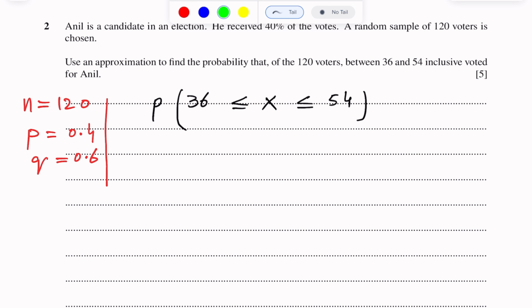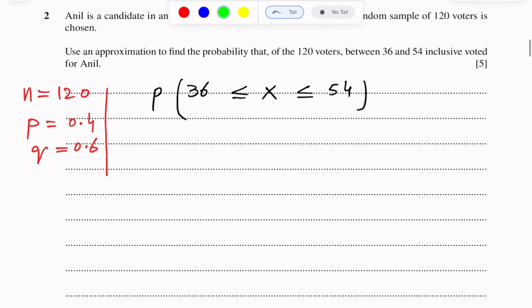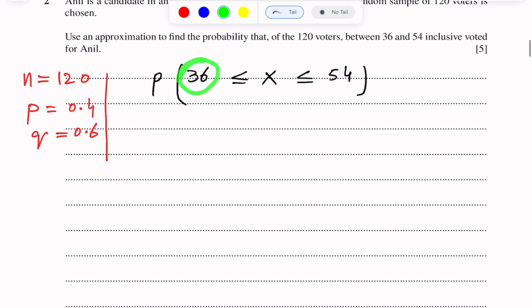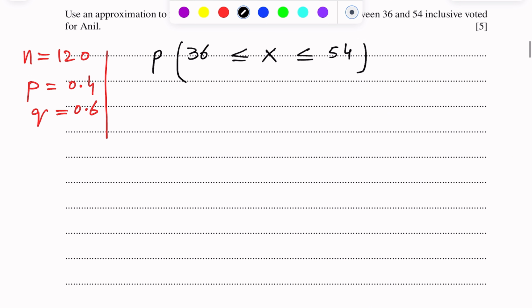Since the word approximation is there, we will make the continuity correction for this inequality. Continuity correction means we will take the lower bound for the first value and the upper bound for the last value.